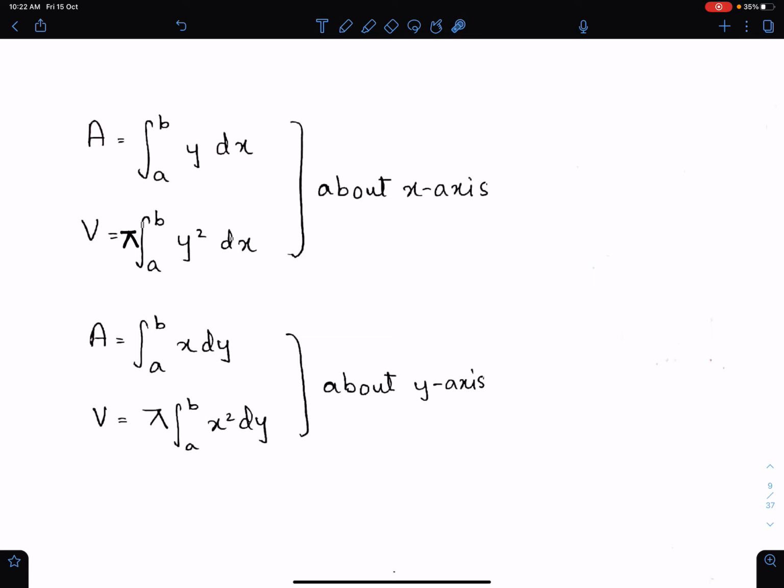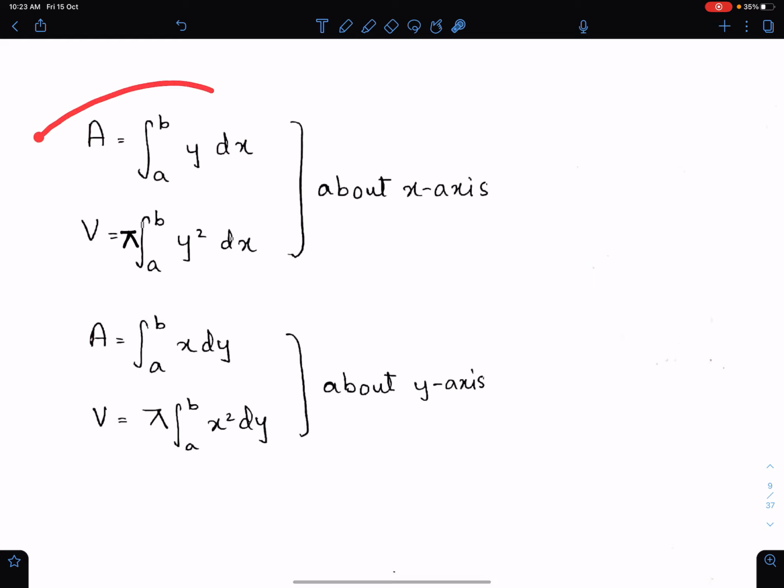You just need to add pi here and add power 1. Like you need to replace y by y squared and multiply this entire thing with pi. So if you know the formula of area, you can easily make the formula of volume. Just add 1 in this power, you'll get y power 2, and multiply this whole thing with pi.